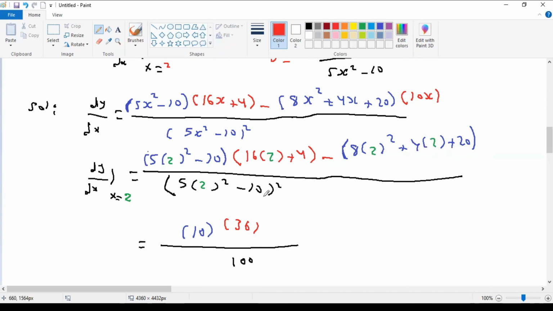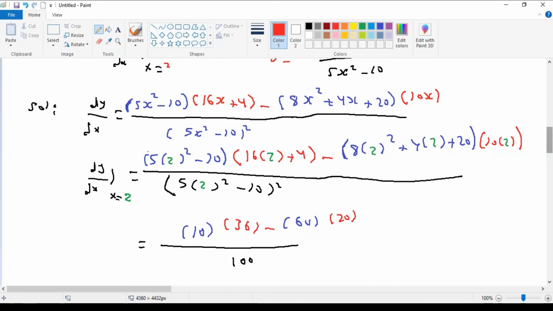So minus 60. And the red one, 10x, the derivative of the denominator. The x we said is 2, so it will be 20. So multiply by 20.